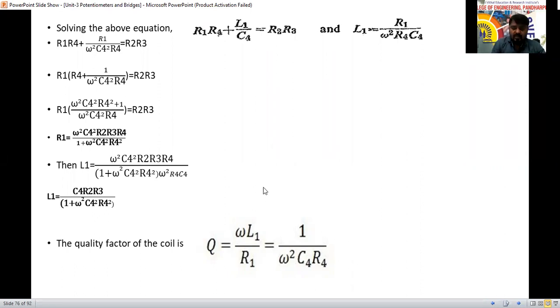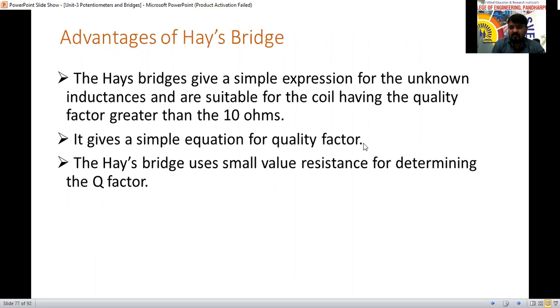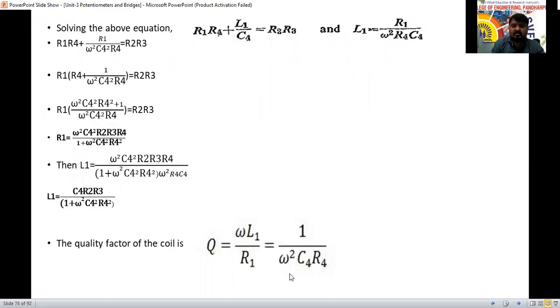I told you that this is also an advanced form of the Maxwell bridge, and it is applicable for higher quality factors, more than 10. Deriving the unknown resistance and unknown inductance gives complicated equations, but for the quality factor the equation is very simple.